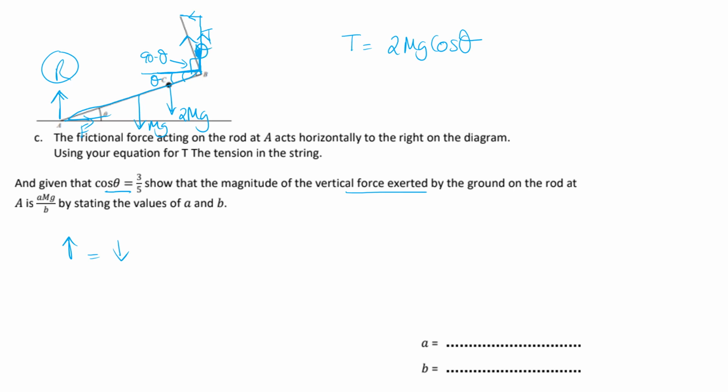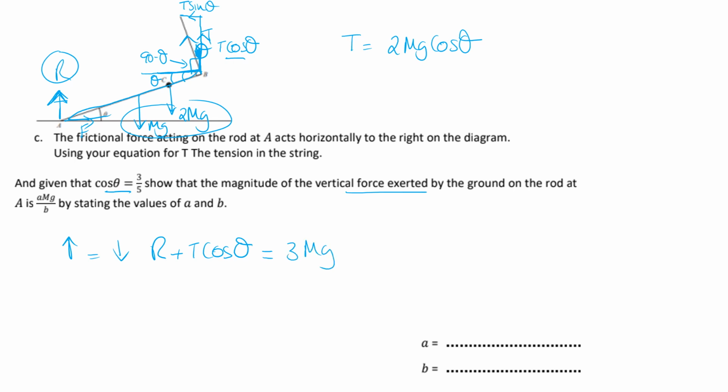So opposite is going to be T sine theta, and then adjacent is T cos theta. Now forces up, forces down. We're interested in the force going up, which is R, and the other one going up is plus T cos theta. They're equal to these ones which are going down, which is 3mg.